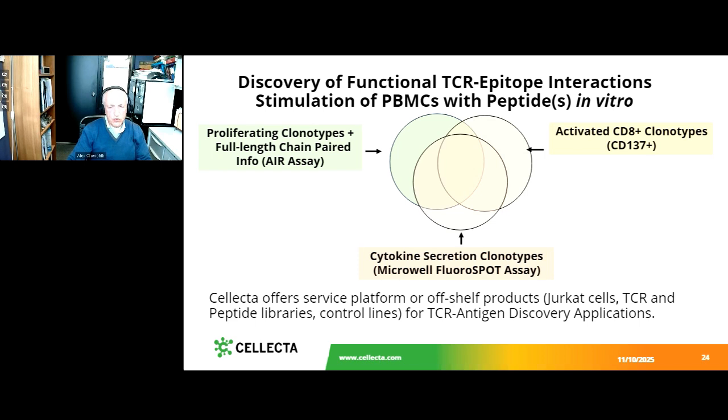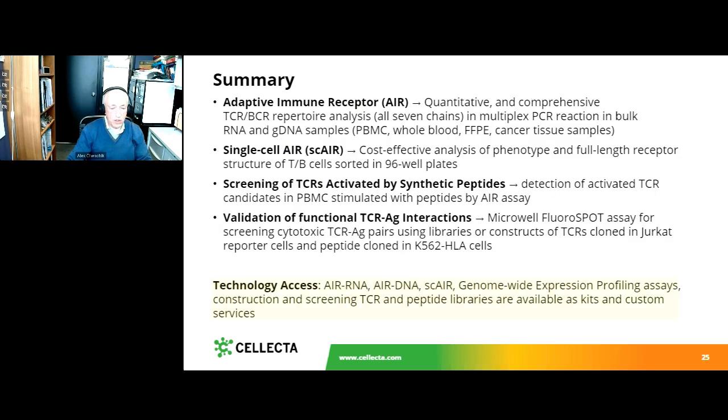It's also important to identify activated clonotypes based on the expression of activation markers or cytokine secretion. But in any case, you need to validate these studies using the cytokine secretion clonotype assay, the microwell fluorospot assay, which I described in the previous section of my presentation. And all these technologies are available at Cellecta if you're interested in using them for your studies.